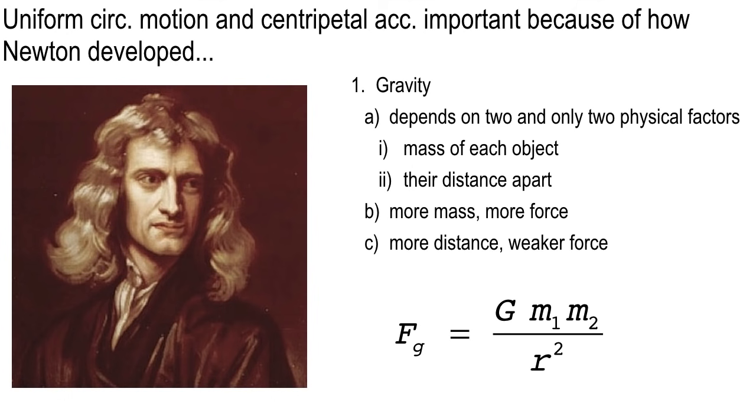There has to be a conversion factor, and that's what capital G does. Capital G is known as Newton's constant, or the gravitational constant, and it converts kilograms squared per meter squared into newtons, kilogram meter per second squared.